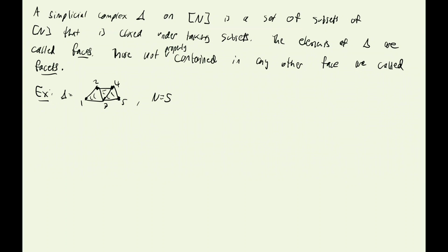And the facets are 1, 2, 3; 2, 3, 4; 3, 4, 5, and that's it. And once I tell you the facets, you know how to get the rest of the faces: you're just going to take subsets of the facets, and all of those have to be in the complex.